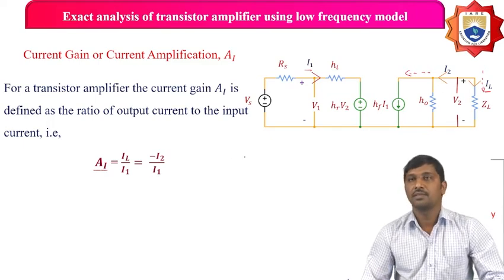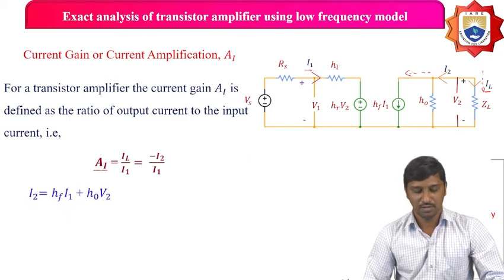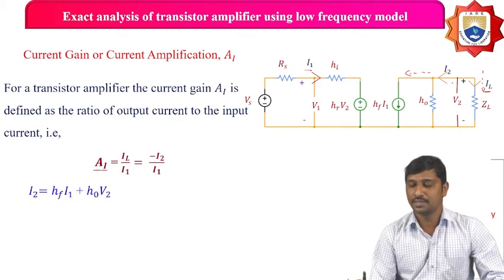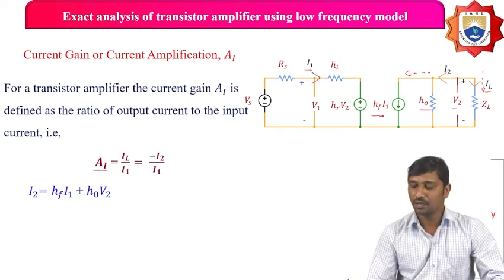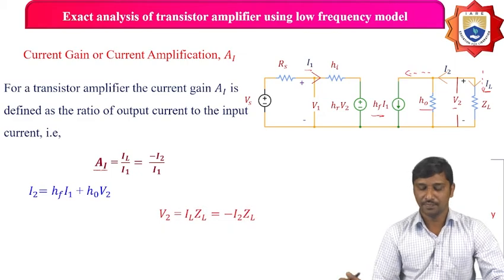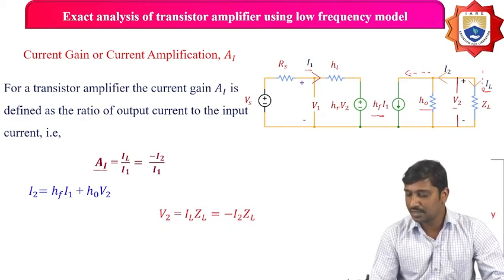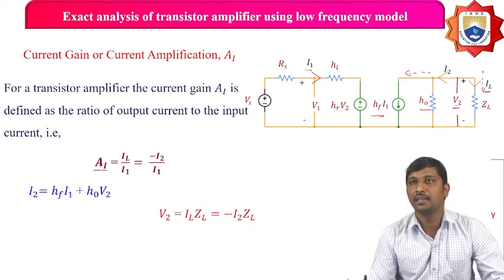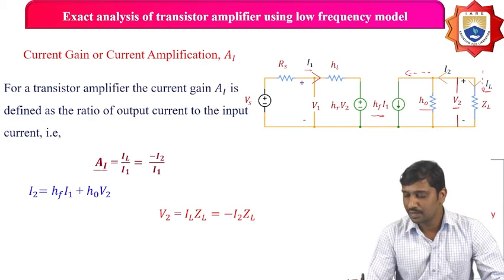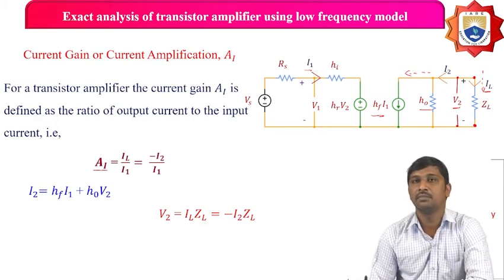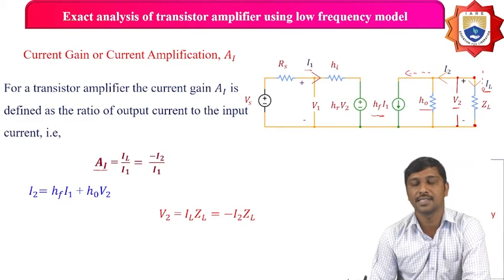Now, from the small signal model, we know that I2 is HF times I1 plus HO times V2. Here, V2 is the voltage across the load resistance, since they are in parallel. Voltage is the product of current and resistance.